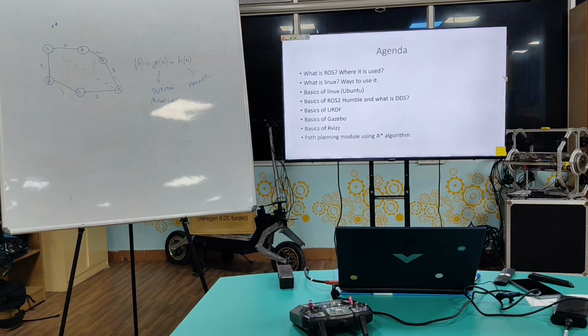So the main problem here is there are multiple domains in a single system itself. One domain should take care of the camera modules, one domain should take care of the lidar, and there are multiple domains like this. We can call them modules.